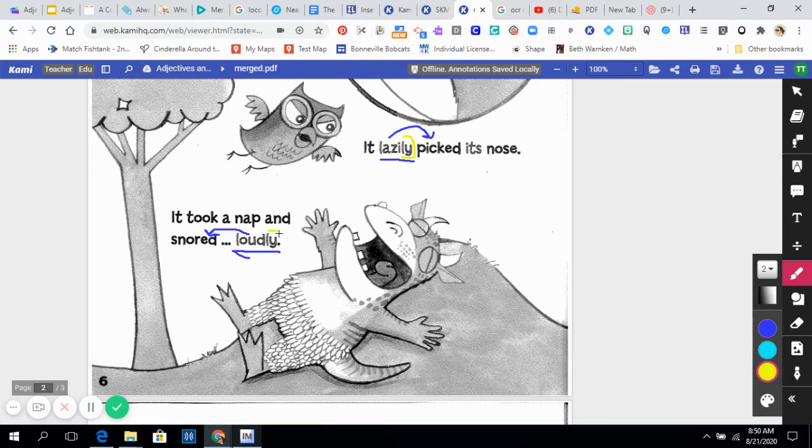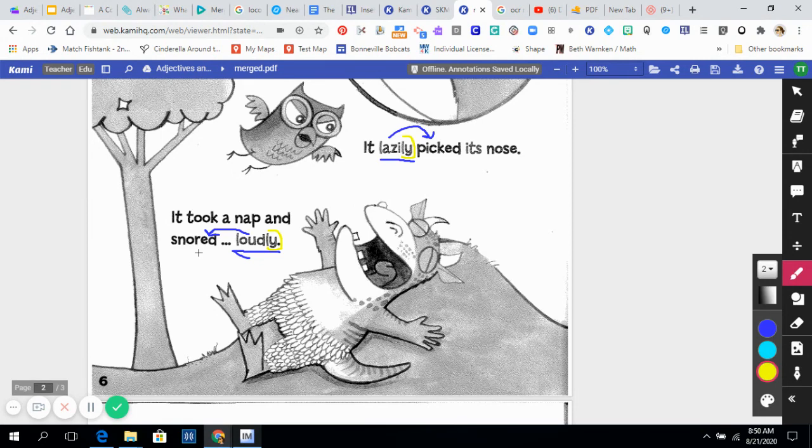It's got an adverb that ends with that ly. Remember, adverbs like to end with ly, but sometimes we'll have a noun that's trying to trick us. So we've got to be careful and make sure that that word is describing the verb like snored or picked.